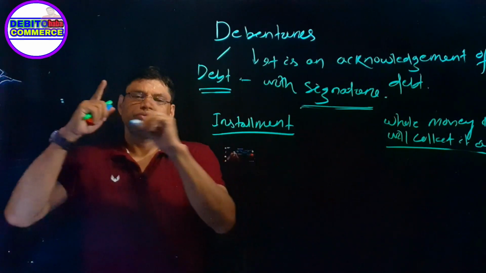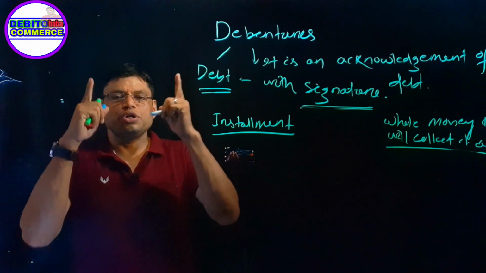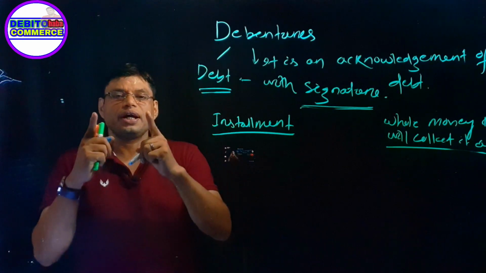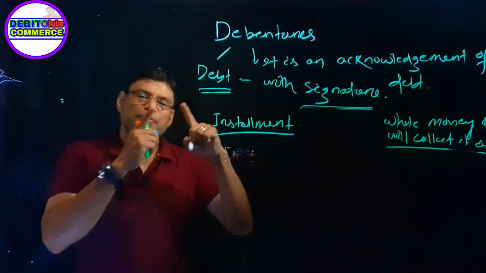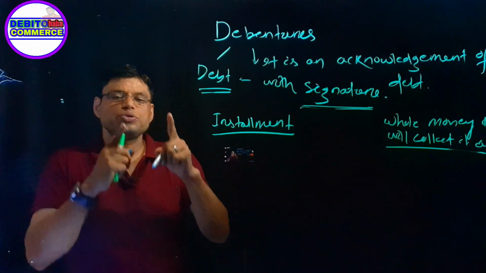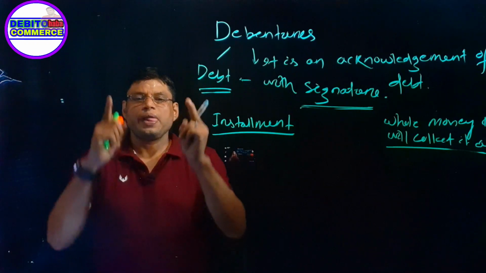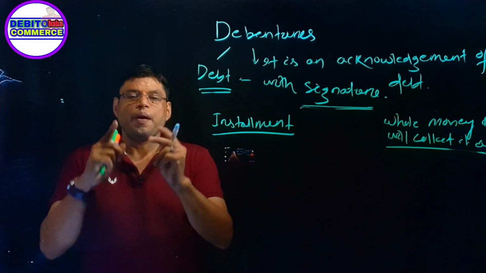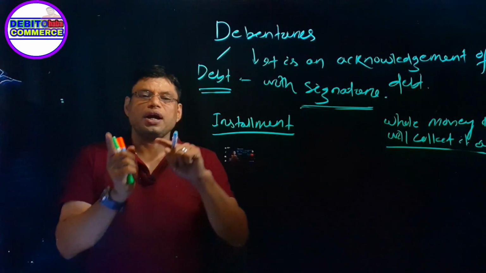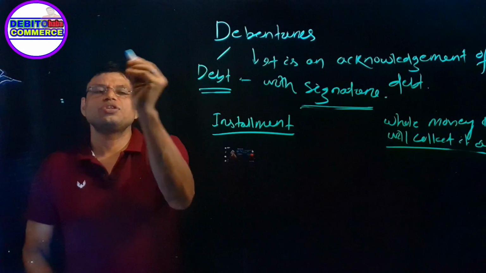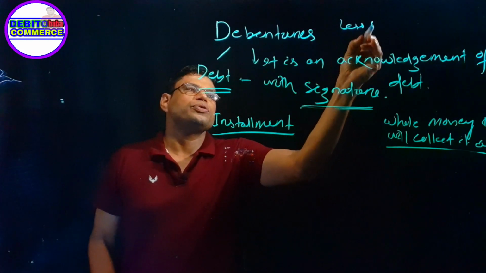As with share capital, here also the company can issue at par, at premium, and at discount. In shares we have read two: issued at par and issued at premium. But debentures can also be issued to the public at discount, that means less than the face value.